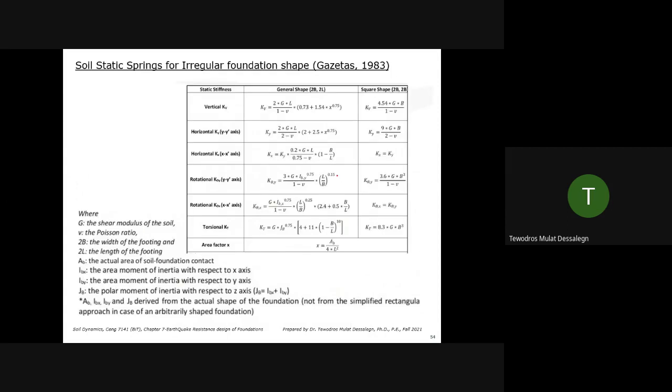You can have any irregular kind of foundation, and you can find soil springs for it. All you do is find the maximum length and maximum width, then use Gazetas' approach, if you're going to do it manually or in a pseudo-static fashion. If it is software, no problem. You can put any irregular foundation on the soil model, and it will analyze it.